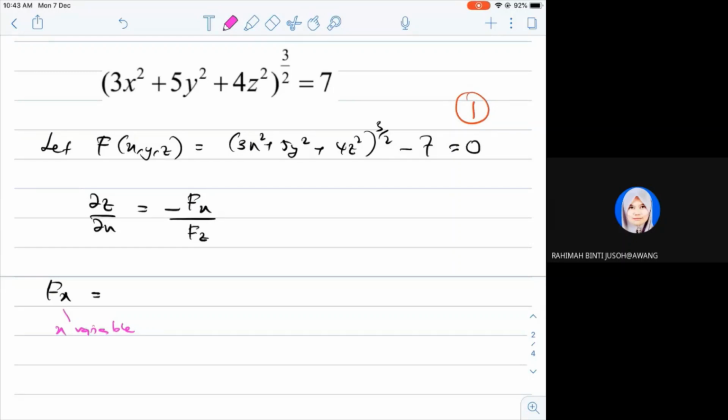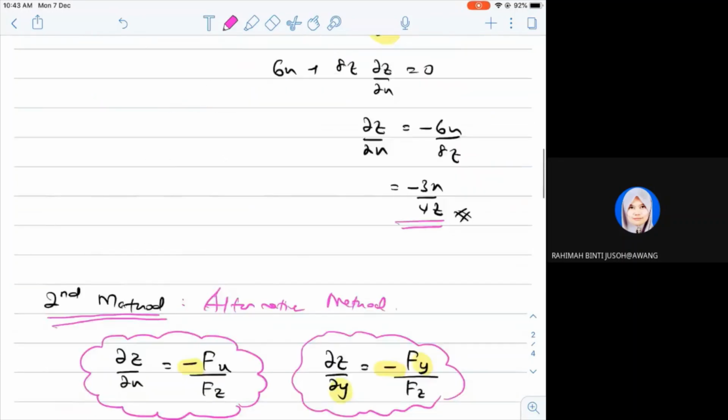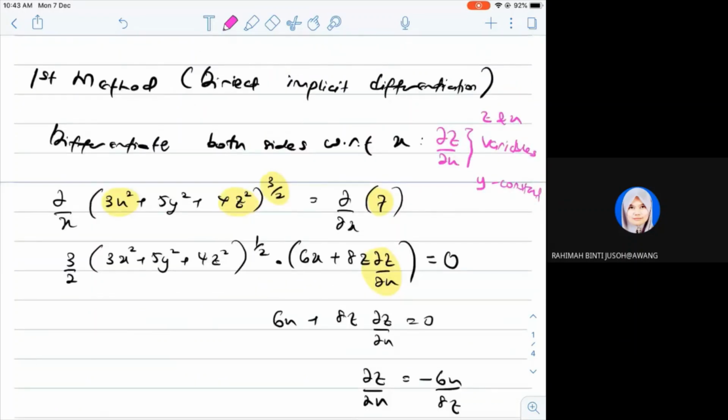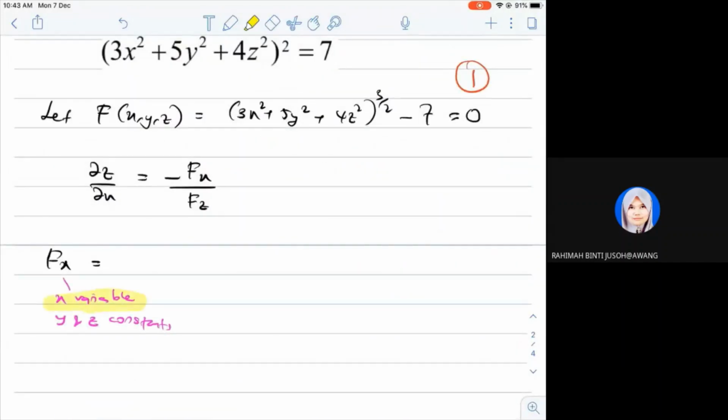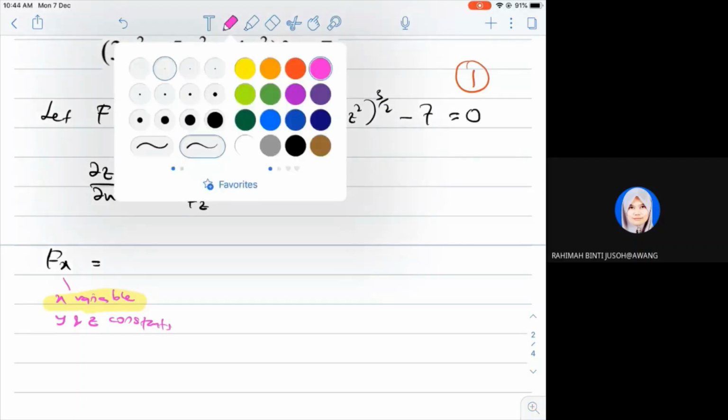So x jadi variable, of course y and z becomes constants. That's why dia lebih mudah nak differentiate bila guna kaedah ni, sebab you hanya fokus pada satu sahaja. Kalau tadi, the first method, you have to focus to 2 variables, z dengan x. Ni, z dengan x jadi variables. However, for this method, only 1 variable. Okay, so you can just differentiate this easily.